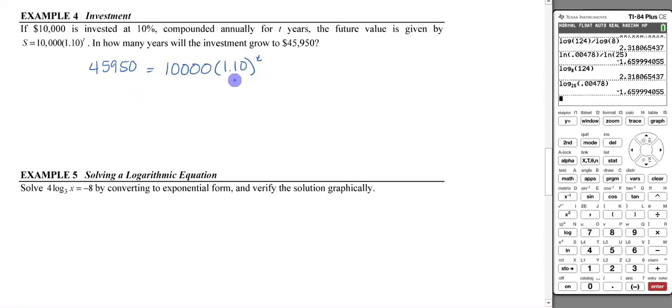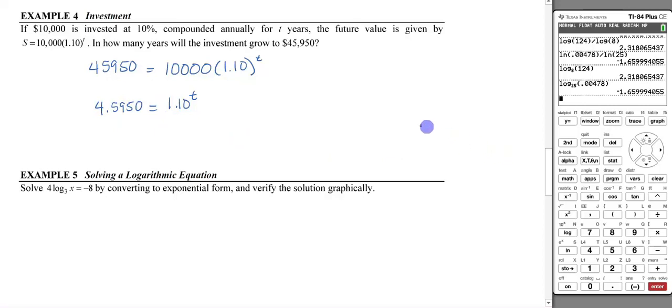To solve this by hand, we're going to divide both sides by 10,000 so that we can isolate the exponential expression. Of course, that gives us 1.10 to the t on the right side, and on the left we'll get 4.595.